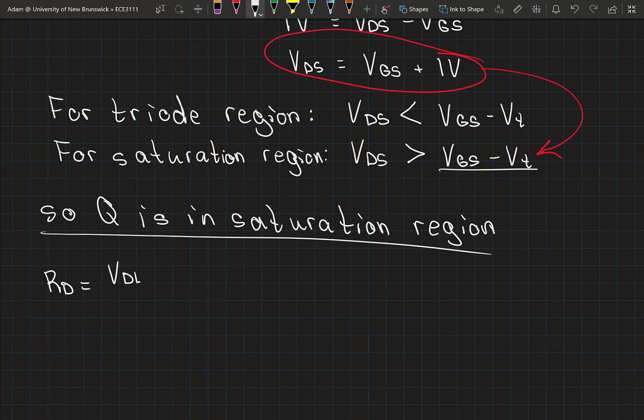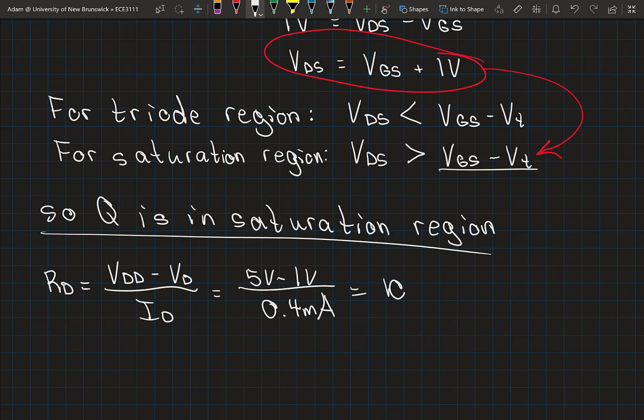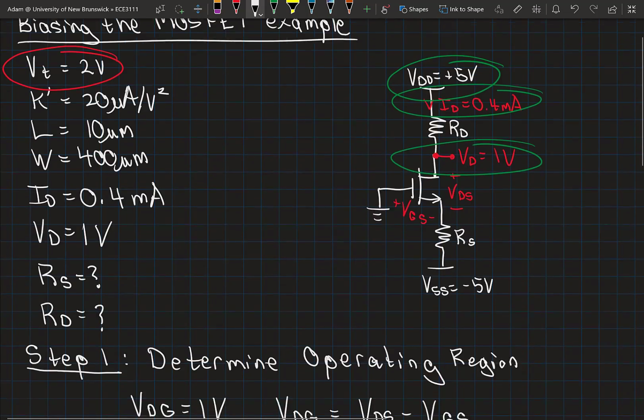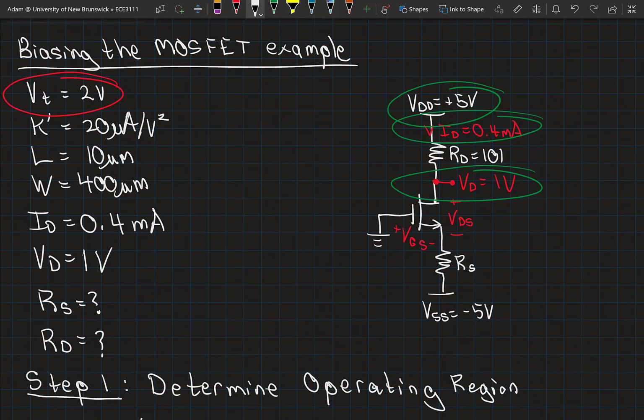So the voltage on the top of that resistor minus the voltage on the bottom gives me the voltage across it, divided by the current through it, will allow me to calculate that resistance. And I find that that resistance is 10 kilo ohms. We should be careful here. Maybe I'll write this as 0.4 times 10 to the minus 3 amps. Okay, so we've got that resistor value, 10K.